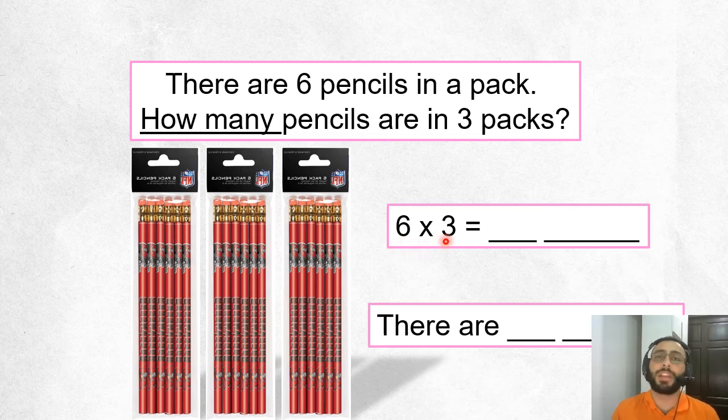That is because in multiplication, you can write 6 times 3 or 3 times 6. It doesn't matter. The answer will be the same, okay? So don't worry about it. The answer will be the same. If you say 6 times 3 or 3 times 6, doesn't matter. So 6 times 3, as we talked about, is 18.